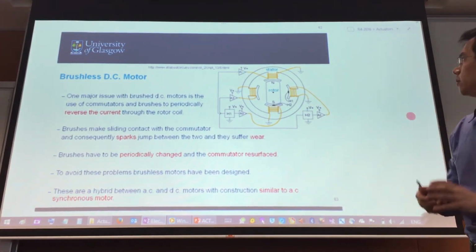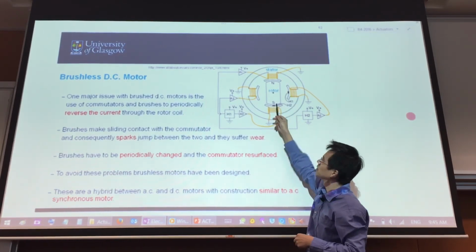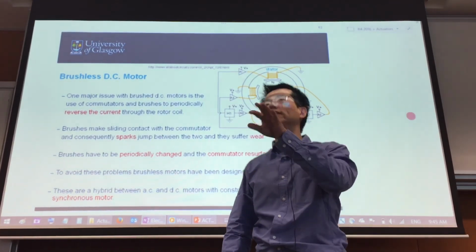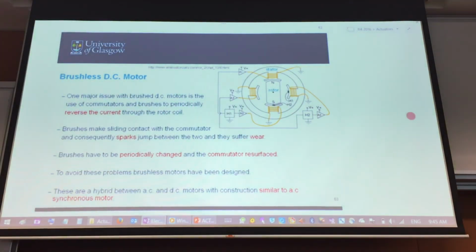So how do we go about doing that timing? We use these black dots over here. These black dots are your Hall effect sensors. Do you remember the Hall effect sensor? How do you trigger the Hall effect sensor? You must bring something near to it. Whatever that something is, a magnet.